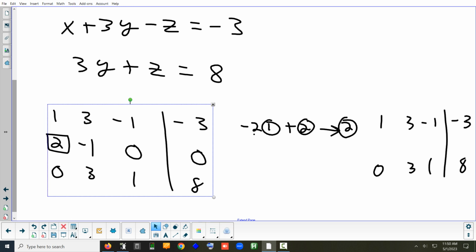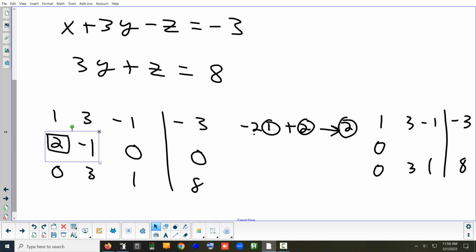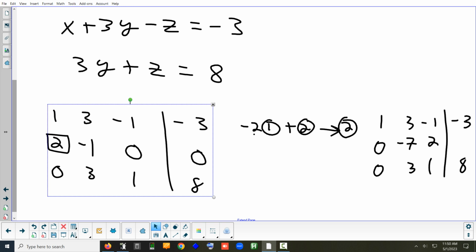1 times negative 2 plus 2. 3 times negative 2 plus negative 1. All right, 1 times negative 2 plus 0. And negative 3 times negative 2 plus 0.